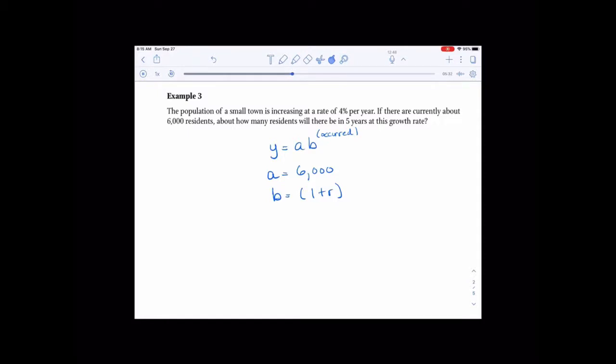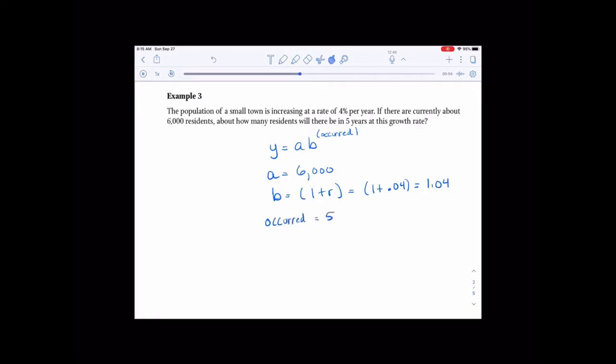If we are decreasing the population, it would be 1 minus r. So b is equal to 1 plus 4%, so 0.04, which is equal to 1.04. And the amount of times it has occurred is equivalent to 5.